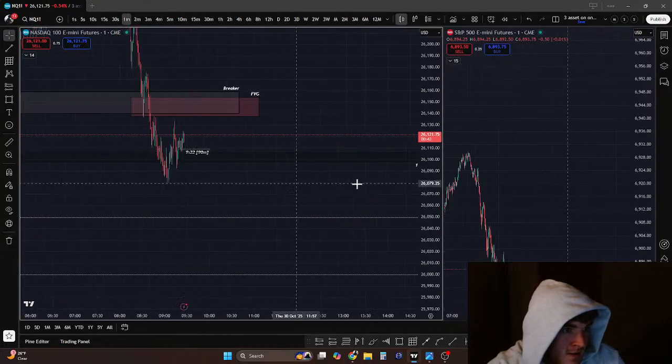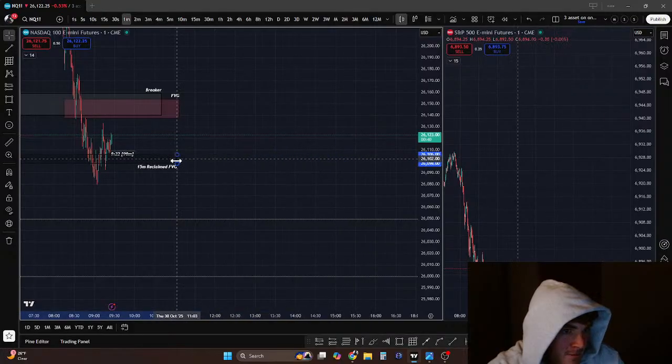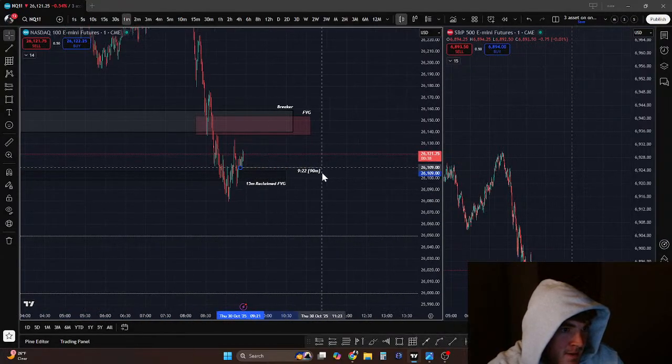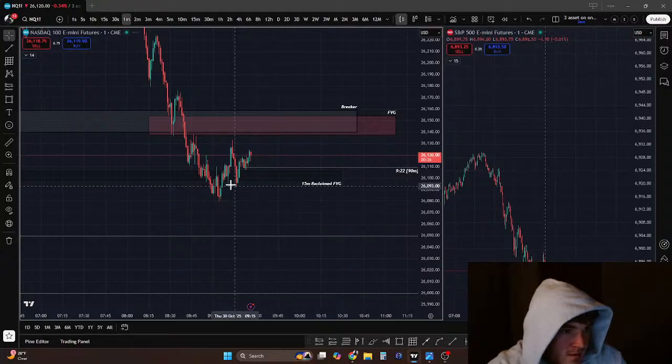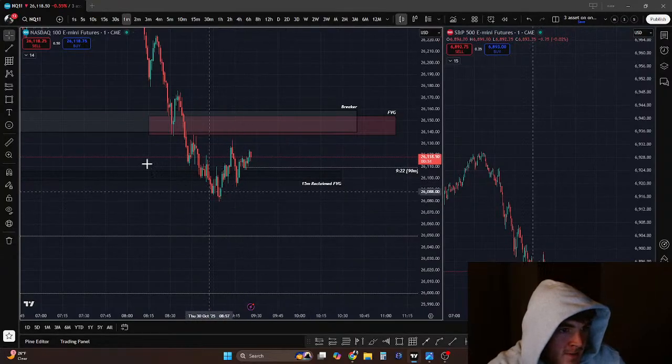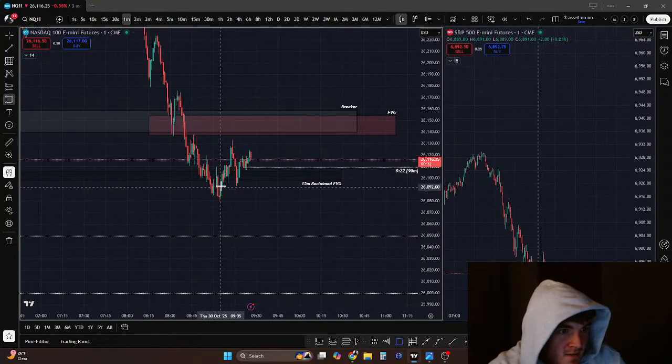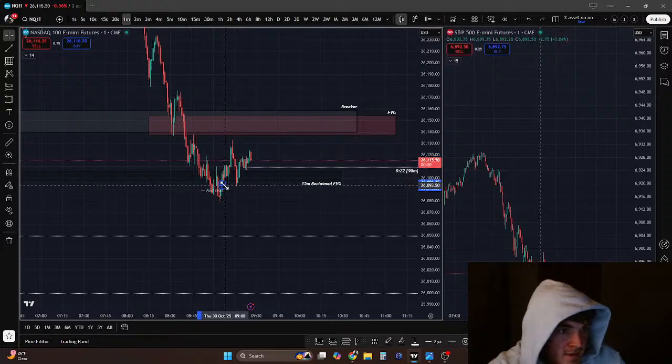Look at this, right? 15-minute reclaimed value gap, and then 1-minute value gap and discount, probably at OTE.